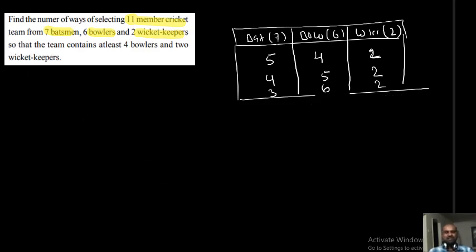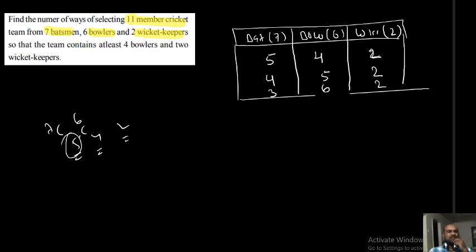One of the selections is 5, 4, 2, meaning 5 batsmen, 4 bowlers, 2 wicket keepers. These 5 batsmen can be selected from 7 in 7C5 ways. After selecting this, we want 4 bowlers, which can be selected in 6C4 ways.